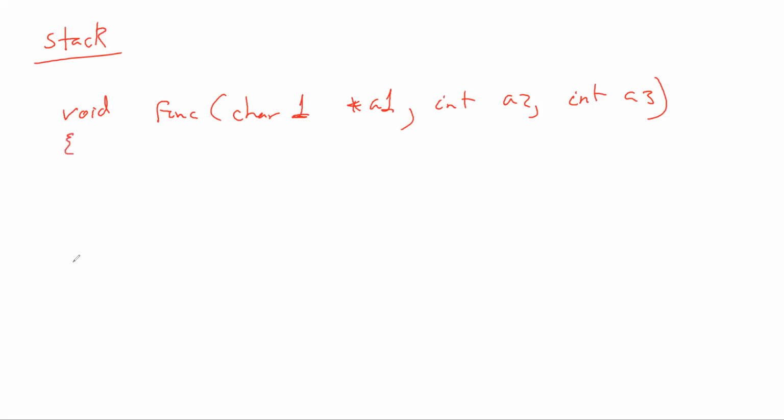And then over here, I'm going to have a function. So let's use printf, for instance, as an example. So I have printf, and we're just going to say, A1's value is, and then use some kind of format string.